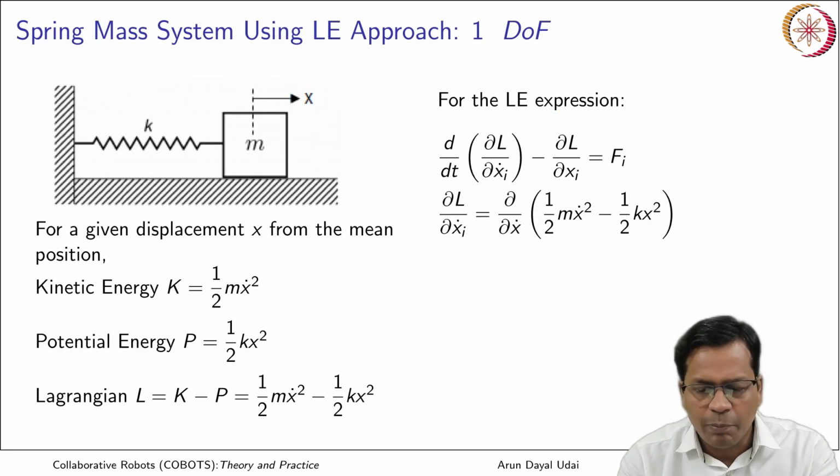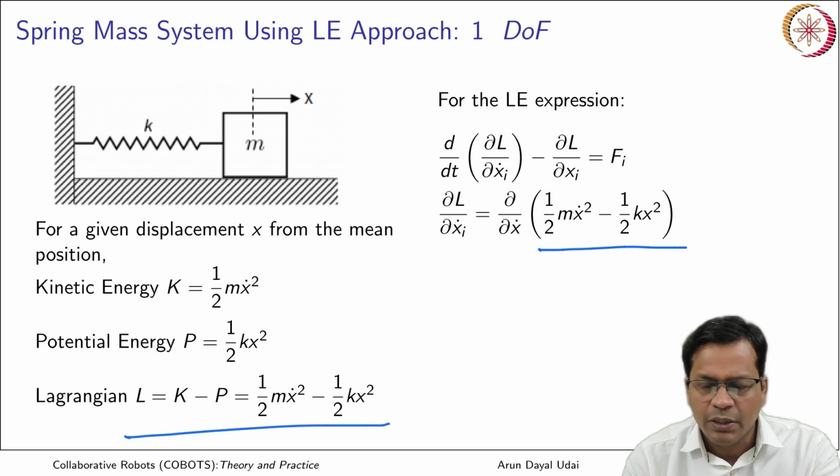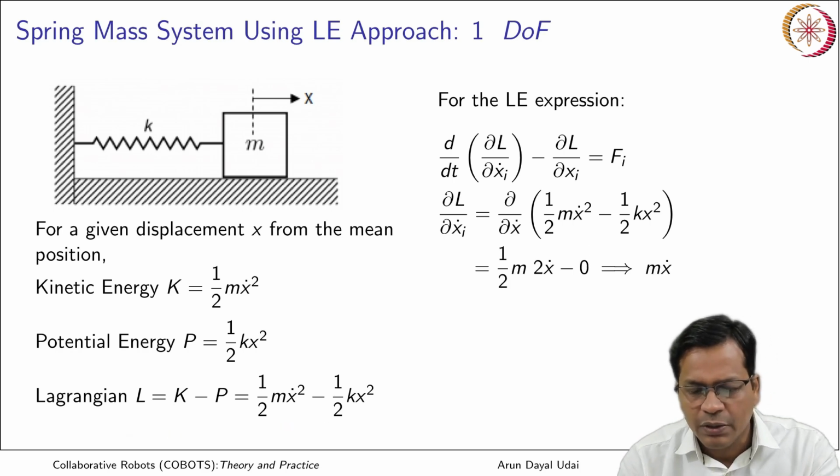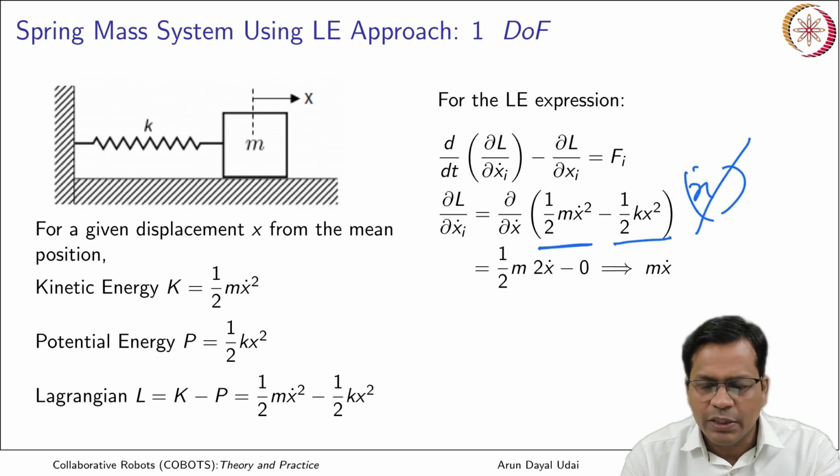So ∂L/∂ẋ is equal to ∂/∂ẋ of the Lagrangian that we have obtained here, and that gives me this. You see, the second term does not have an ẋ term, so effectively that goes to 0, and the only term which remains is this. That finally gives me mẋ. So ∂L/∂ẋ is equal to mẋ.